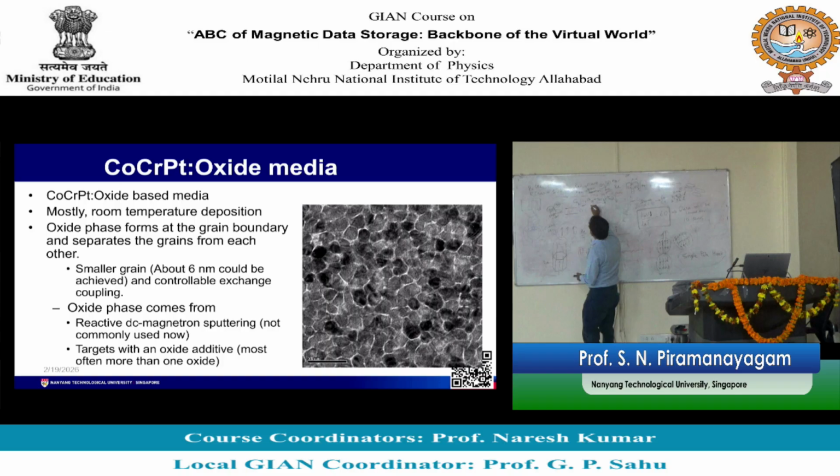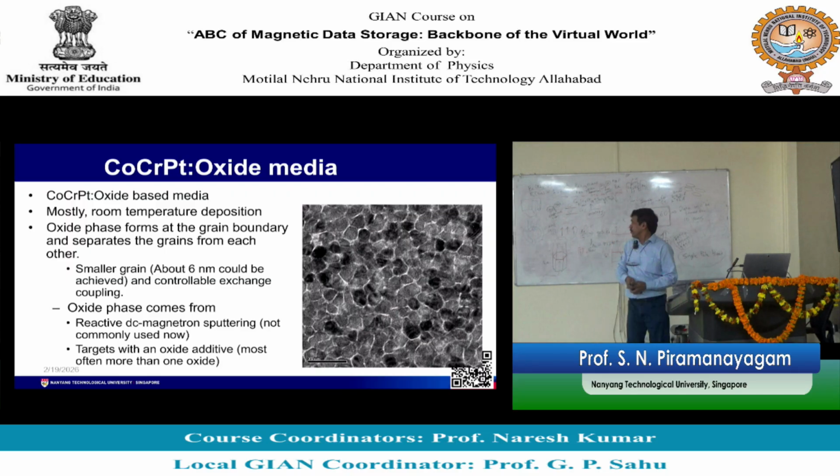Okay, so, the platinum helps to improve the anisotropy. So, if you want to increase the Ku of the material, you increase the platinum concentration. So, if you start with say platinum 14, low anisotropy, if you move to platinum 18, there will be high anisotropy and so on.